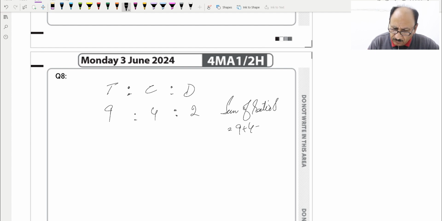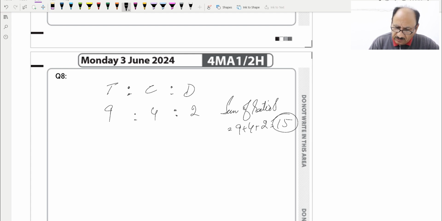And the sum of ratios we can write here, sum of ratios is equal to 9 plus 4 plus 2, which is equal to 15. Sum of ratios is 15. They're saying that 45% of tulip bulbs are for yellow flower, and 600 they planted. So first of all we will check how many are planted.